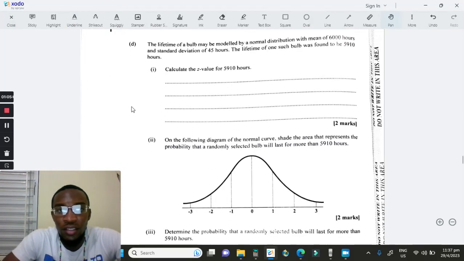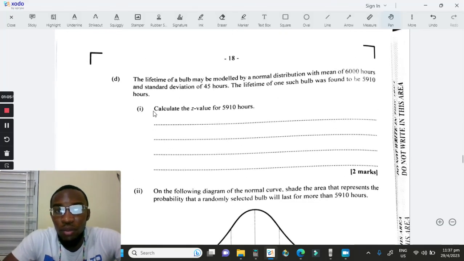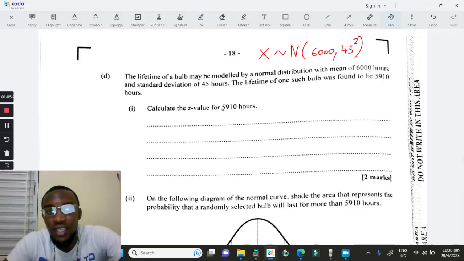Now part D says the lifetime of a bulb may be modeled by a normal distribution. So X follows a normal distribution with mean 6,000 hours and a standard deviation of 45. The lifetime of one such bulb was 5,910. Calculate the z-value. The z-value, remember, is x minus mu over sigma.